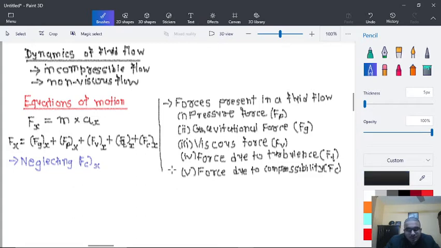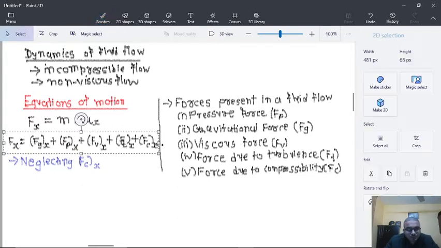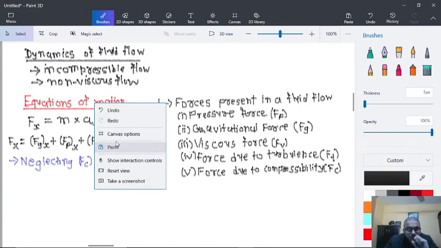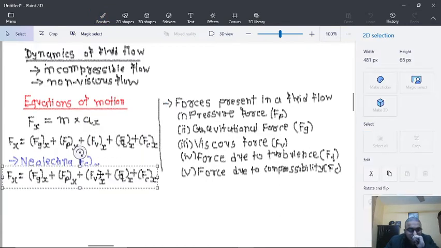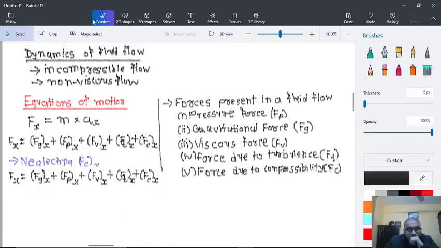So in such case the equation reduces to this, and this is known as Reynolds equation of motion.